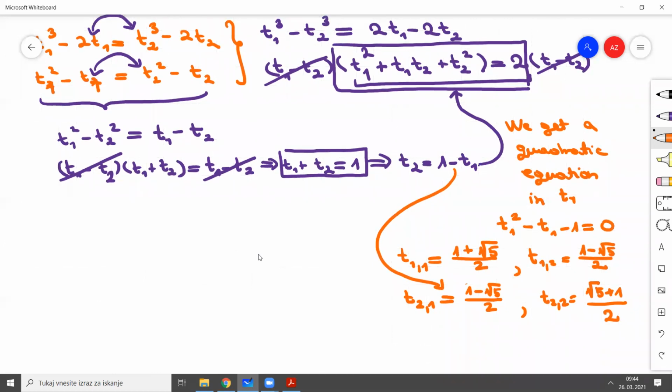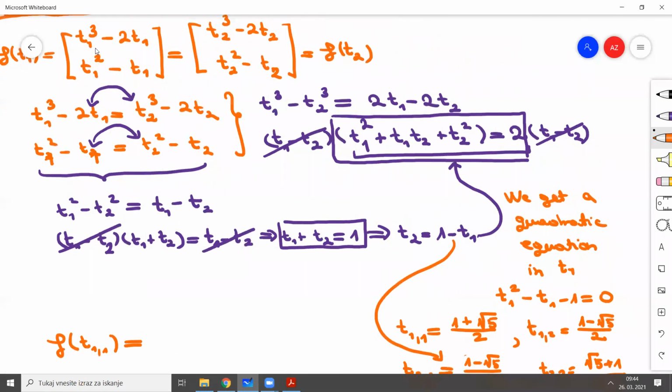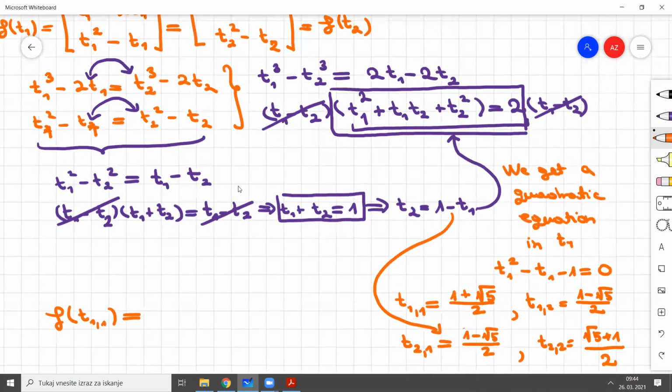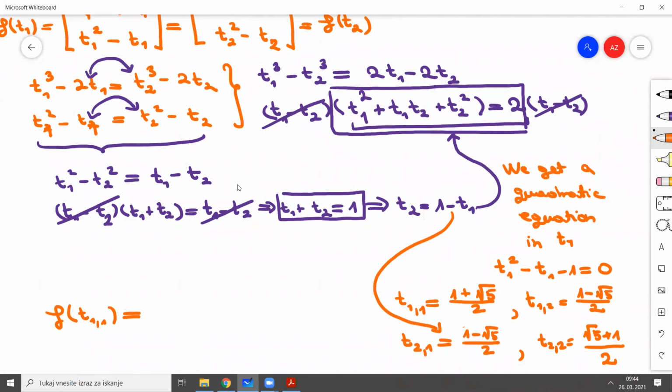Okay, and now what are our points? So the point f of T1,1. This is T1 cubed minus 2 T1, and you can check by yourself, but it is just 1. We get 1.